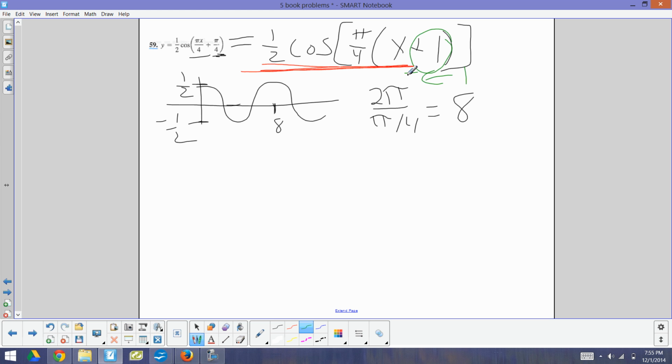So I'm going to write my points from this original graph here first, and then I'll do my movement.